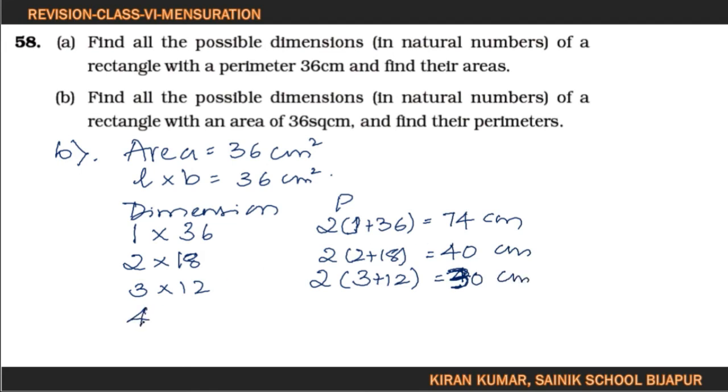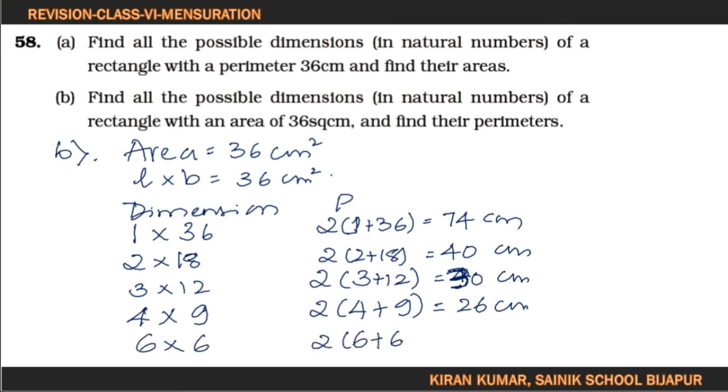If I take 4 with a 9 combination, 2 times 4 plus 9, which is 26 centimeter. I can have 6 by 6. So 2 times 6 plus 6, 24 centimeter. These are the possible dimensions when the area is 36 centimeters square, and these will be the perimeters.